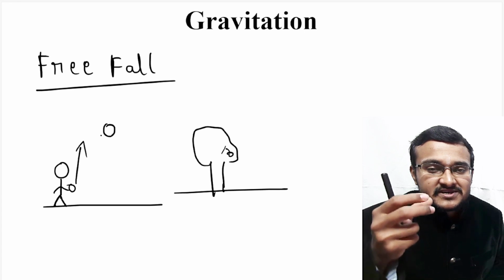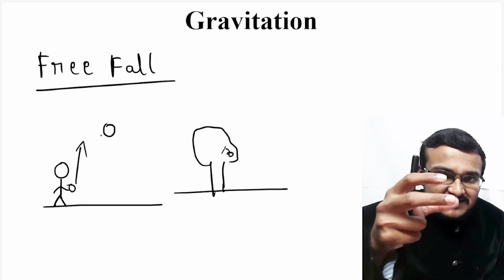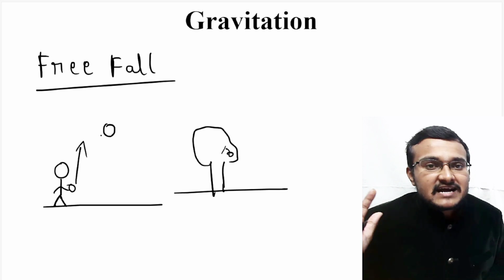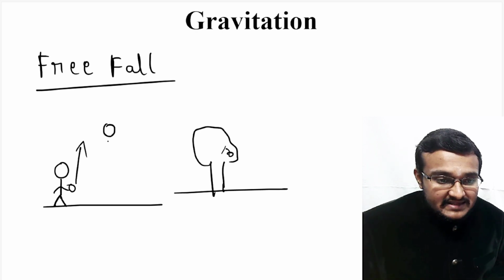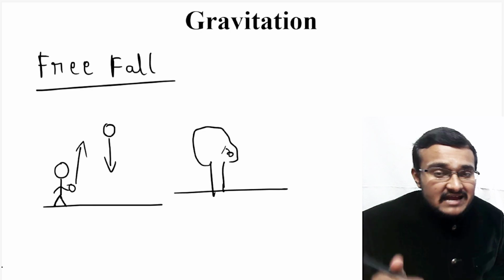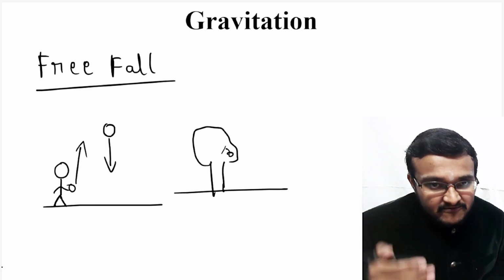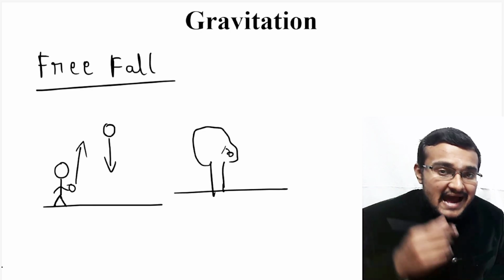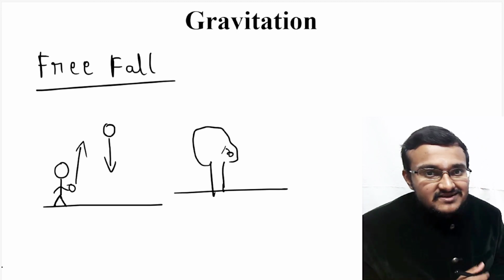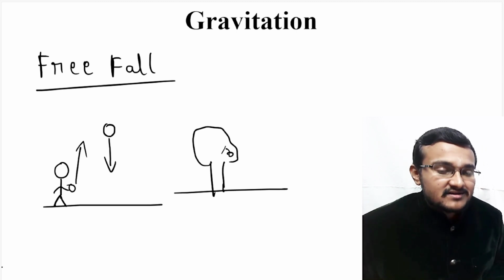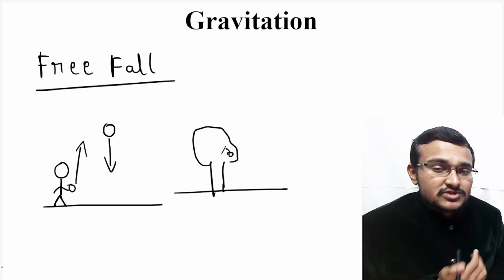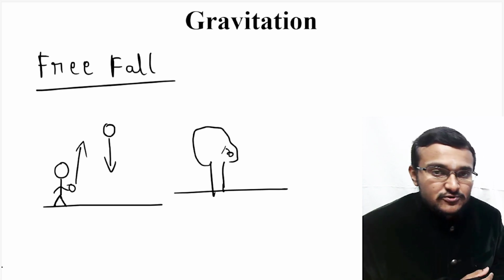Then suddenly, because of Earth's gravitational force, the stone will start falling towards Earth's surface. That fall of the stone to Earth's surface is known as the free fall of the stone. And while the stone is falling towards Earth, what is Earth giving? Earth is giving force. That means the stone is coming into the influence of gravitational force.